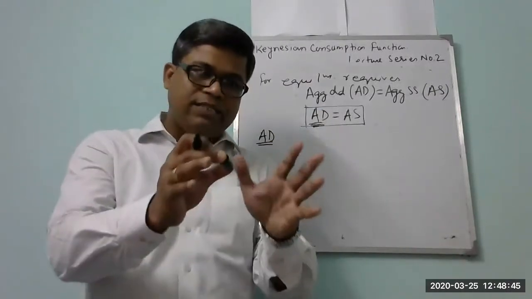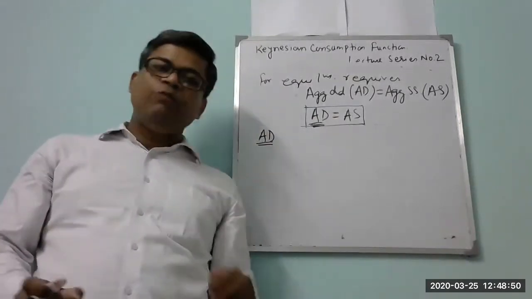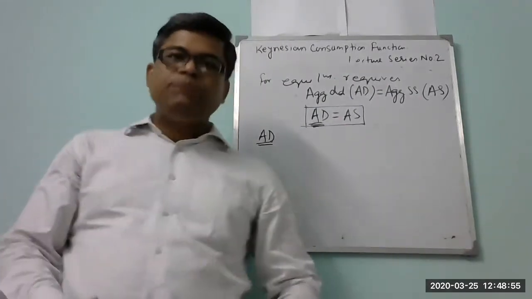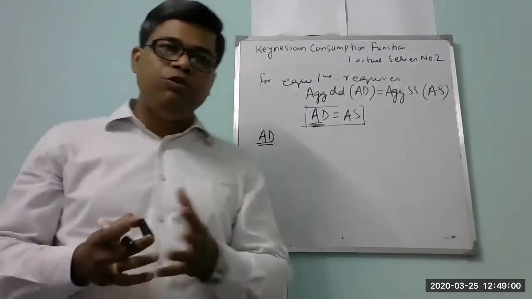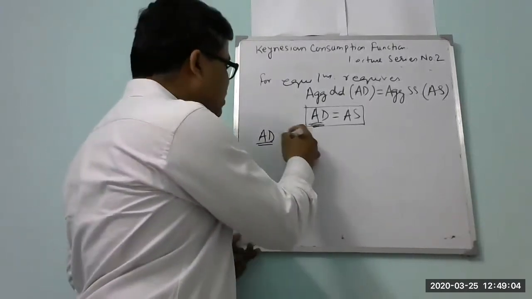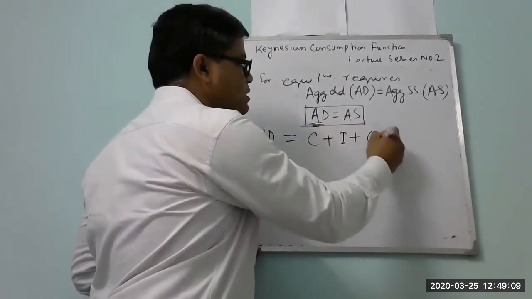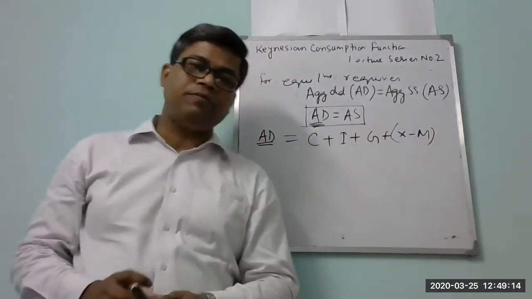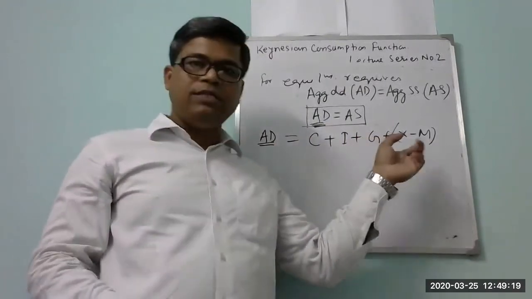For example, if I spend 10 rupees to buy a chocolate, that is my expenditure, that was my demand. So if we sum up all the expenditure, we get aggregate demand. So aggregate demand equals C plus I plus G plus X minus N.